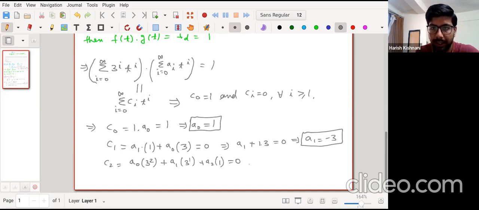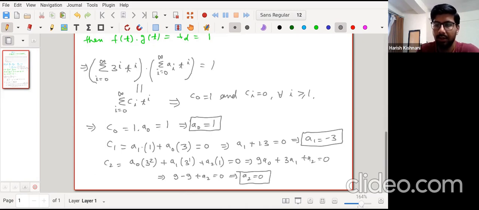This will imply 9 a naught minus 3 times 3a1 plus a2 is 0. Now put the values of a naught and a1. a naught is 1, a1 is minus 3, so it is minus 9 plus a2 equal to 0. This will imply that your a2 is 0.